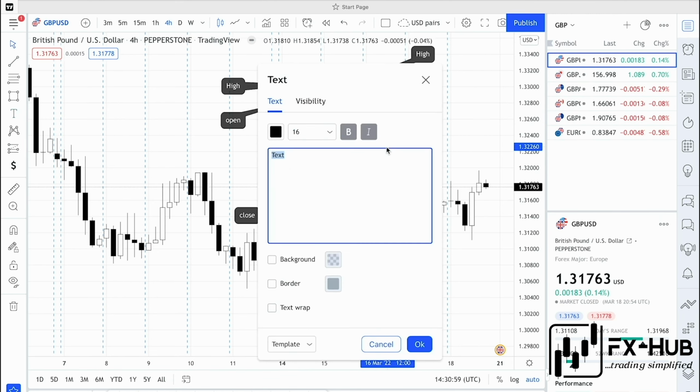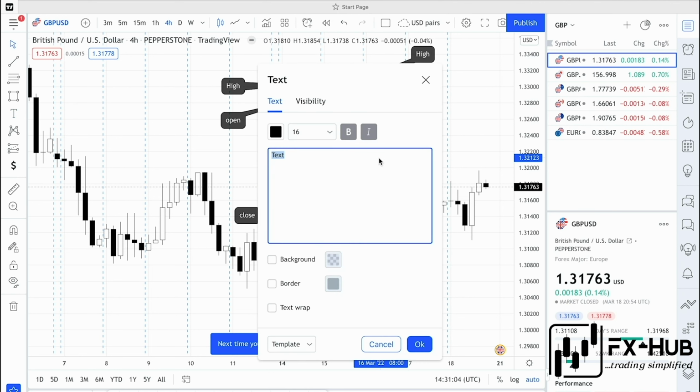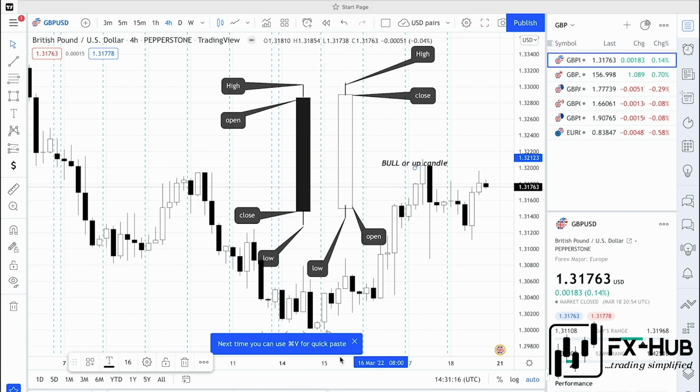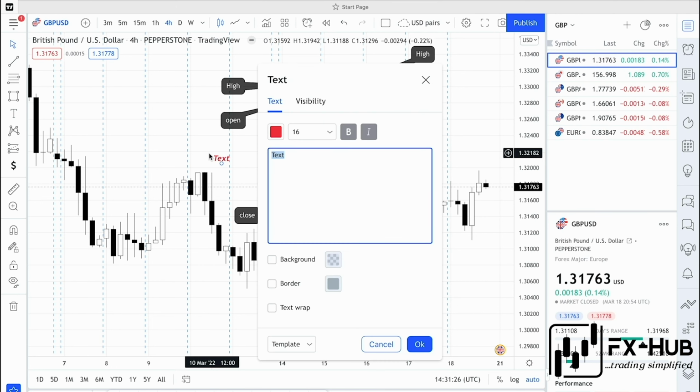So this is a bull, up candle. This is a bear, down candle.